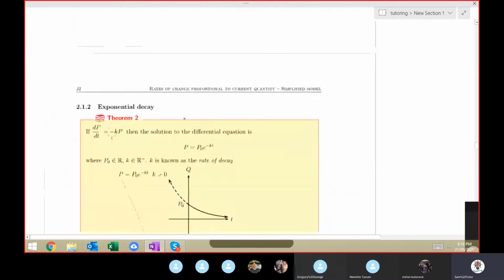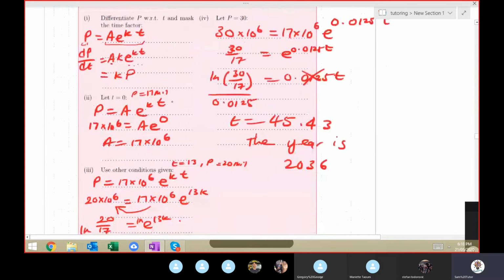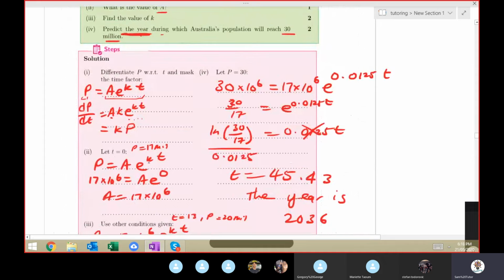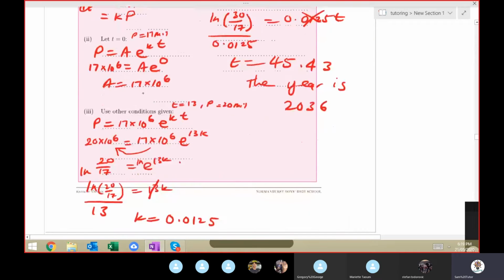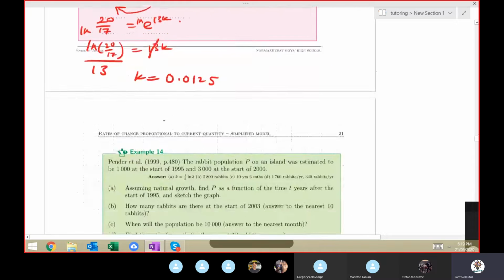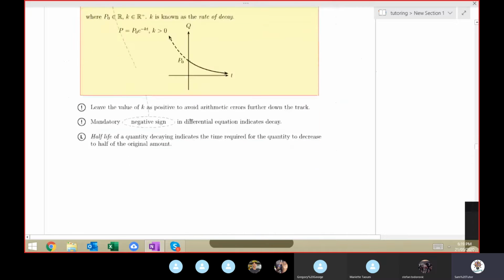So if you go back up and have a look at what we just proved up here, when time is zero, this bit here is always going to be 1. So your A is always going to be your original amount, original population, original bacteria, original height, original whatever. So A is always going to be your initial conditions.